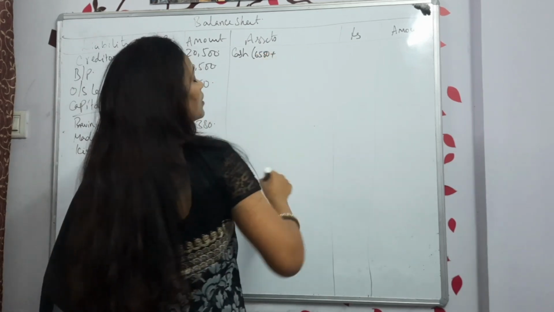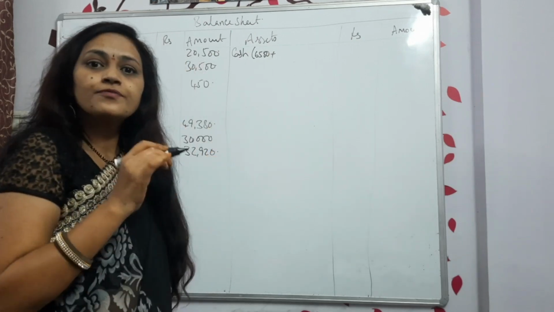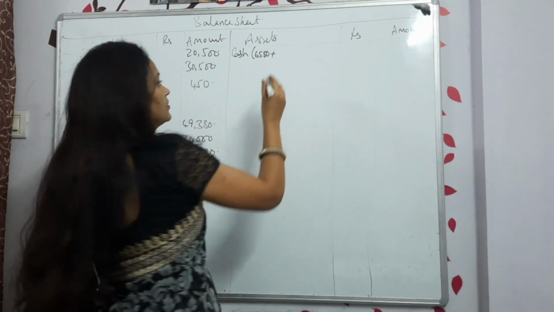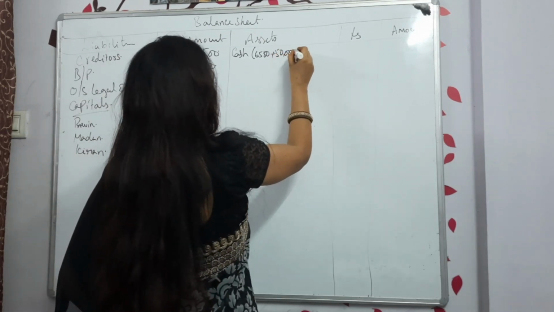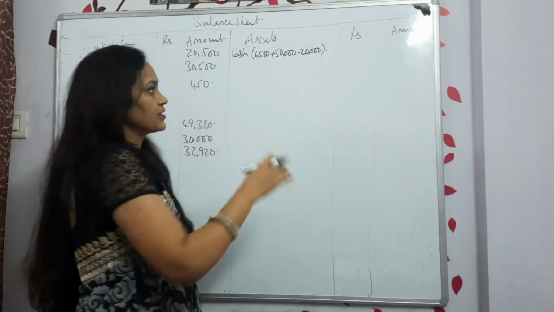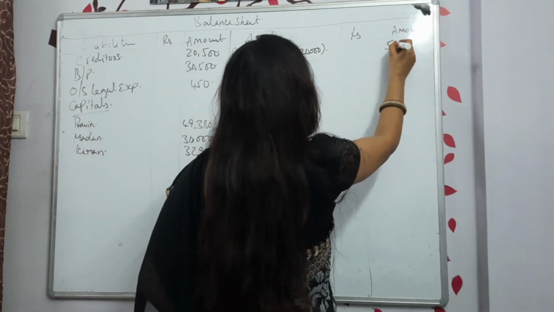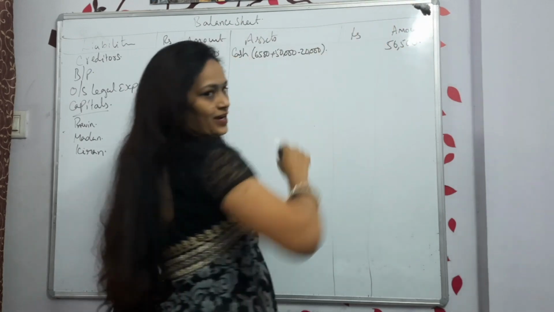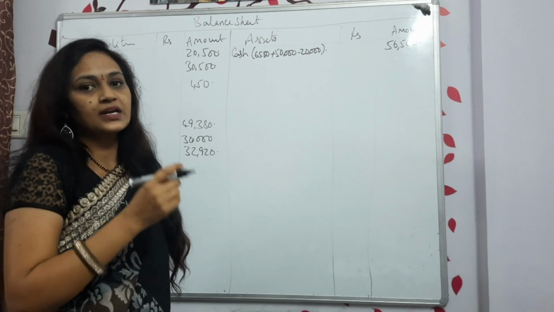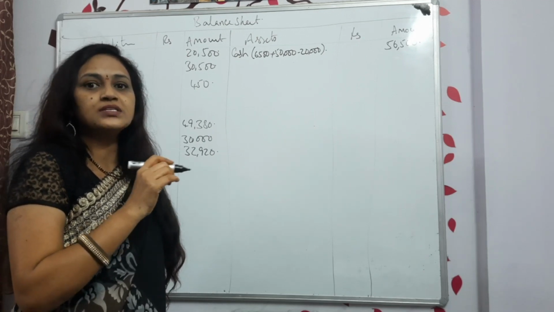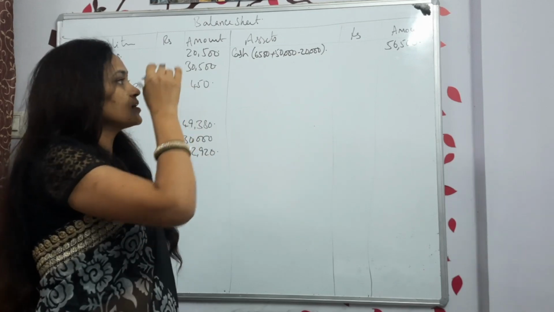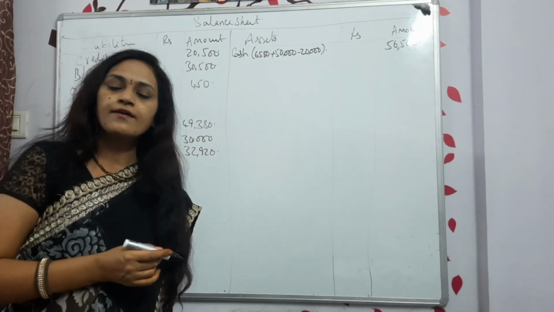Now, Mr. Madan brought 50,000, 30,000 cash and 20,000 goodwill, right? 50,000. In that, already 20,000 goodwill is taken by the partner. So, now how much it is? 56,500. Now it is total 56,500. In the last question, goodwill remained in the business itself. But now here goodwill has been taken away by the partner. So you got only 56,500.